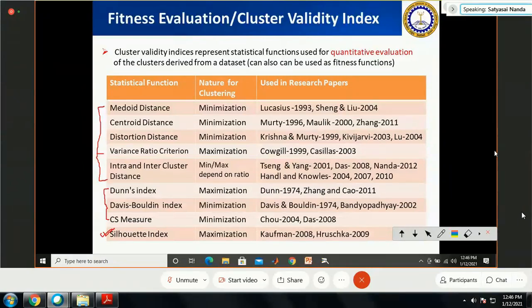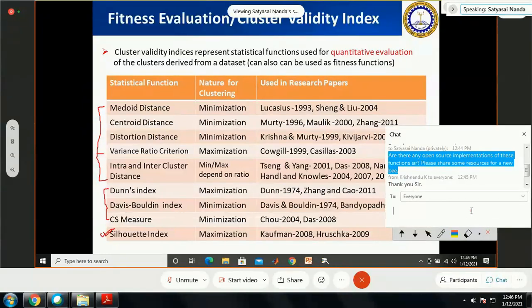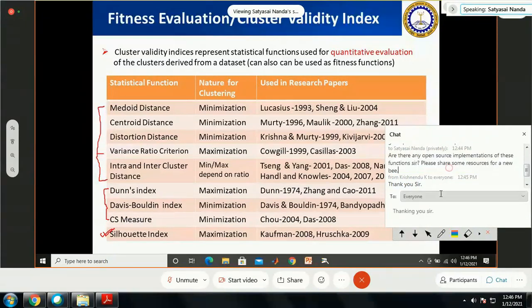If you are using the open source software R, then in R many of these function codes are also available. So based upon the platform you choose, I believe Python and R are good.